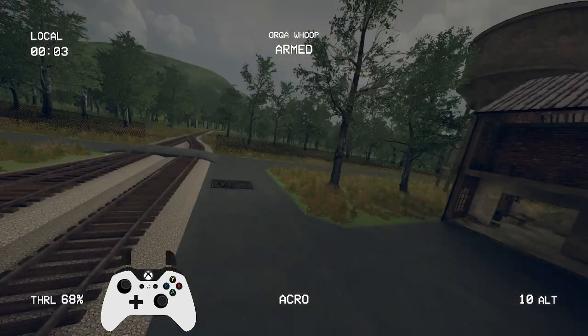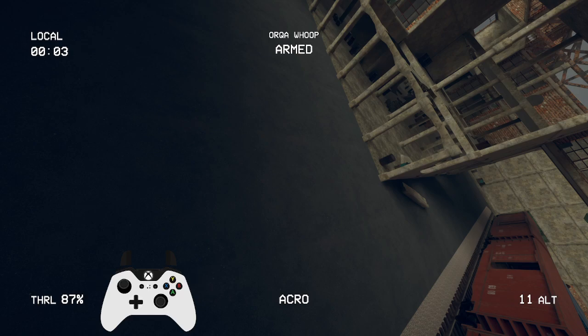Still doing the classic crashing. I think the best practice is just slowly kind of controlling a hover zero spot instead of just full sending. When I full send, I tend to crash it.